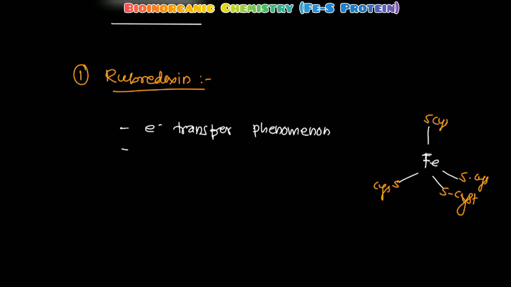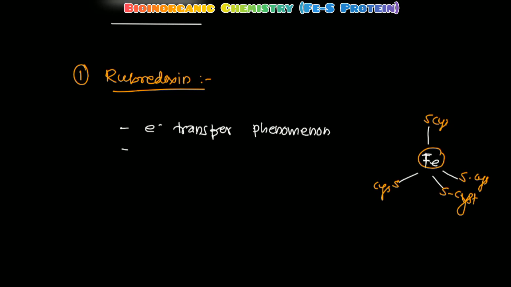The active core is an iron. Rubredoxin contains iron in either the +2 or +3 oxidation state, coordinated by four sulfur atoms from cysteine residues, forming the tetrahedral arrangement.